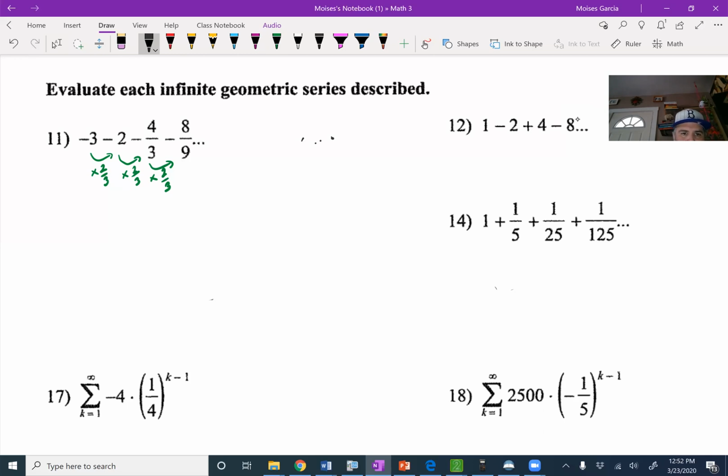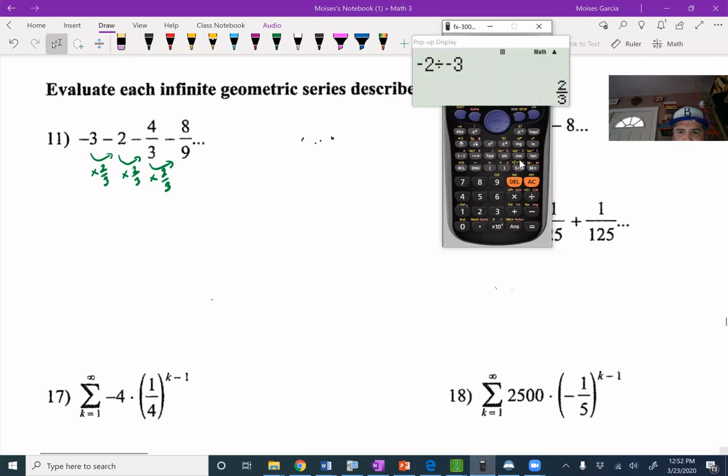So what we can do here is pretty much put a value here for n that's pretty huge or big, enough for it to be almost negligible. When we get to the 10,000th term, it would be pretty negligible.